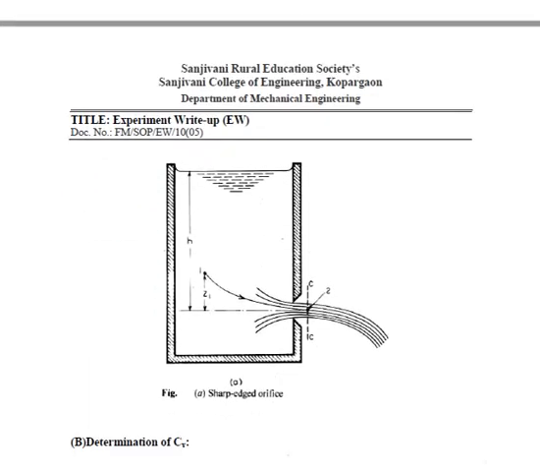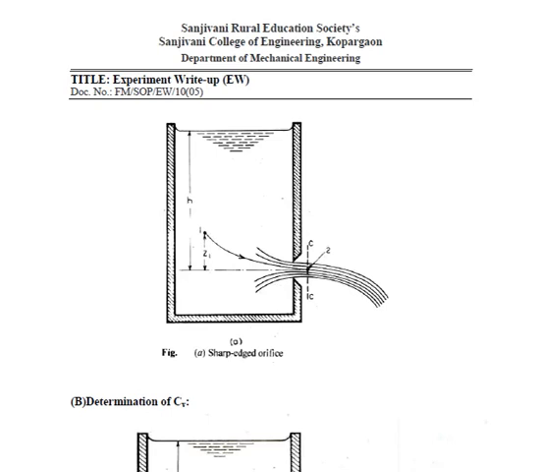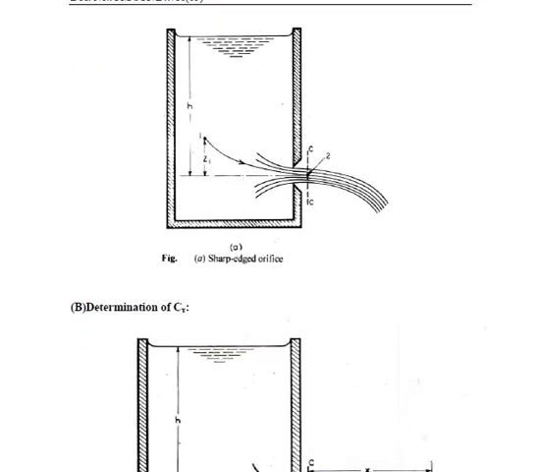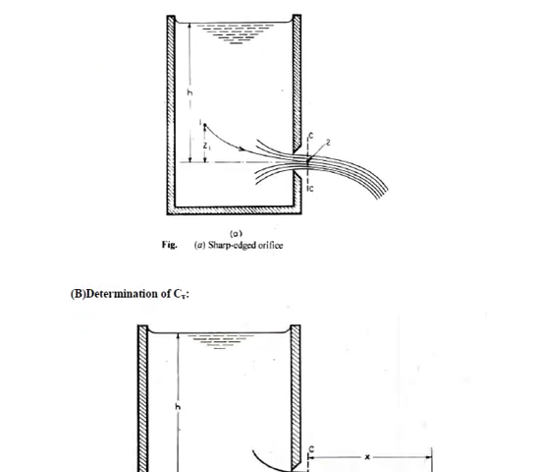Now clearly here you can go through this diagram of this experimental setup. In this diagram you can clearly see here this is the orifice.